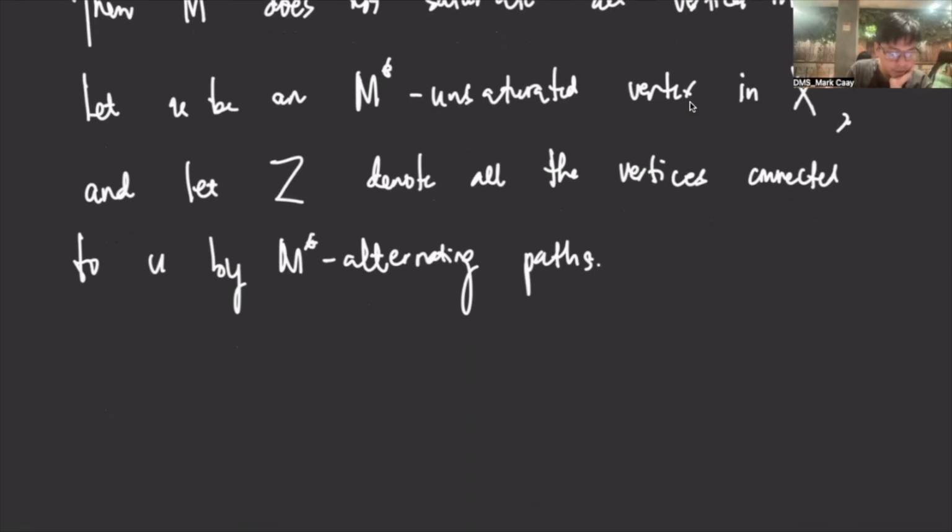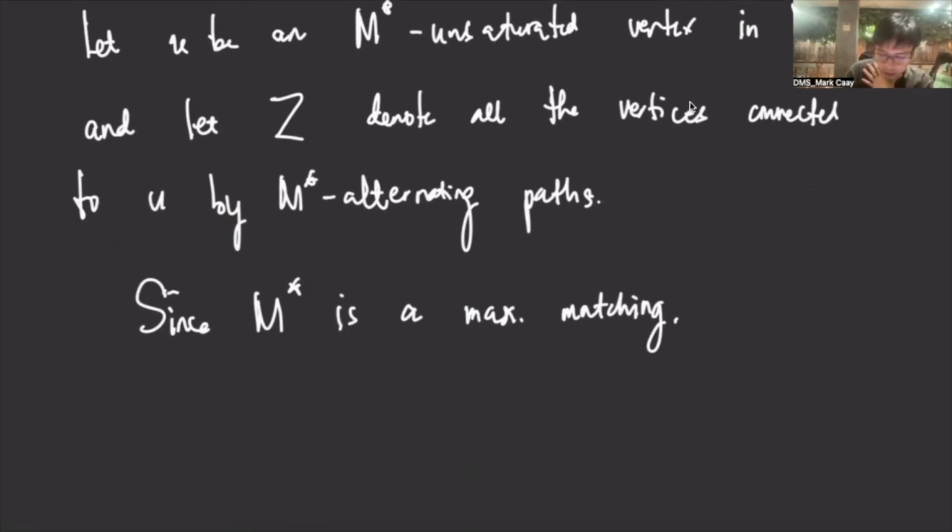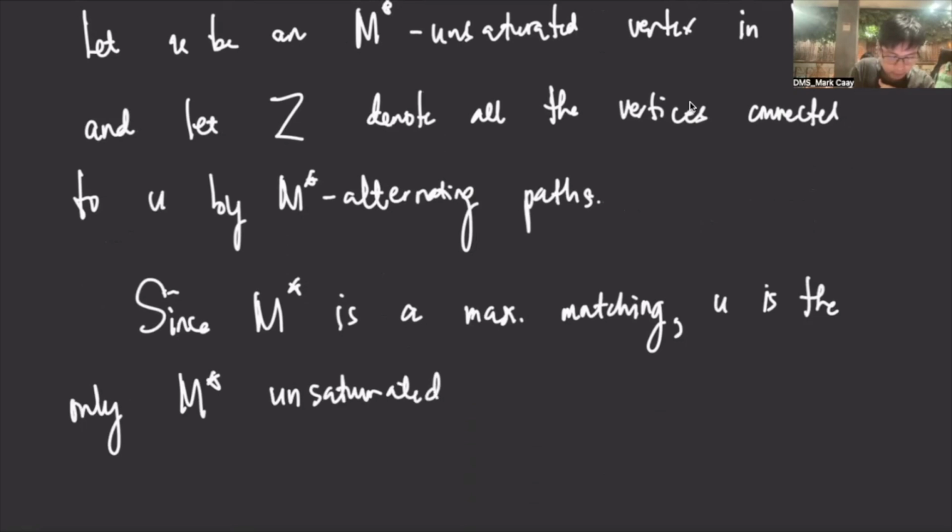Okay, what's the implication? Now remember, since yung M star natin is a maximum matching, tama? Ibig sabihin, U is the only M star unsaturated vertex in Z. Why?